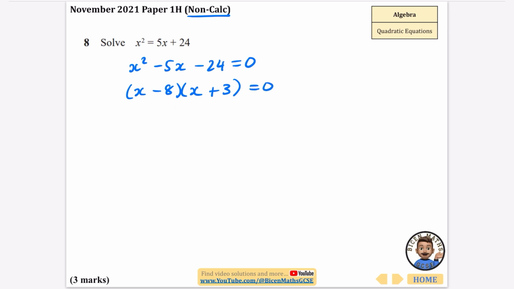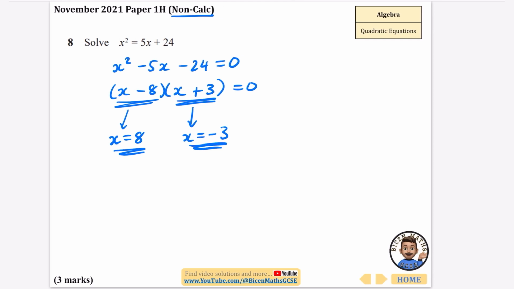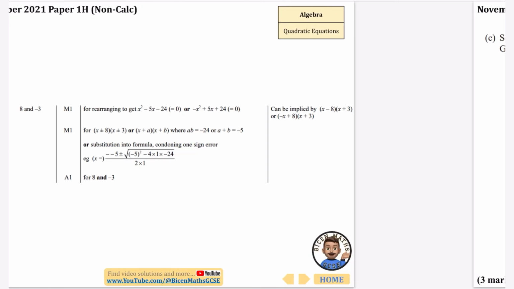And now it's just as simple as saying either that bracket's equal to 0 or that bracket is equal to 0. Well, if this bracket is equal to 0, that would mean that x is 8, and if this bracket was equal to 0, x would be equal to minus 3. So our answers are 8 and minus 3.